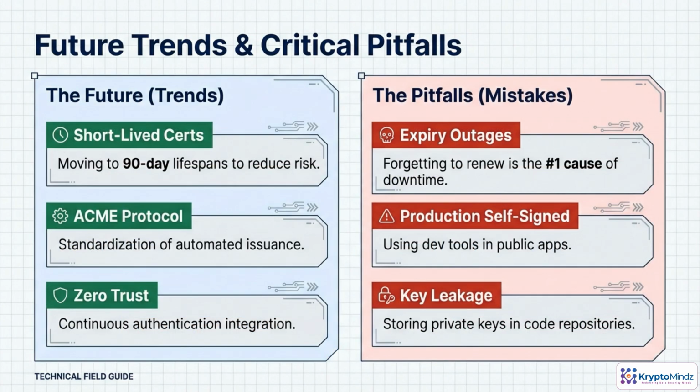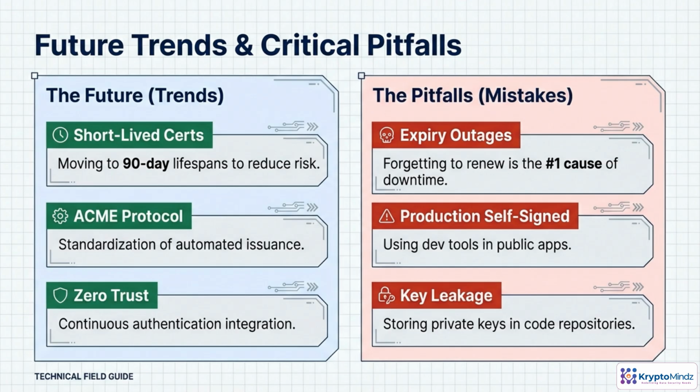As PKI evolves, two things happen at the same time. Smarter trends, and very old mistakes that still take systems down. On the positive side, the industry is moving to short-lived certificates, often around 90 days.